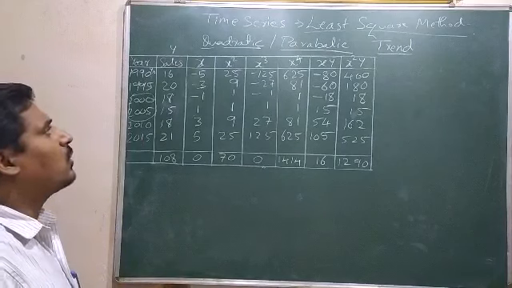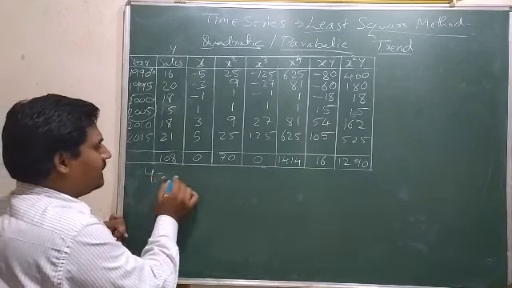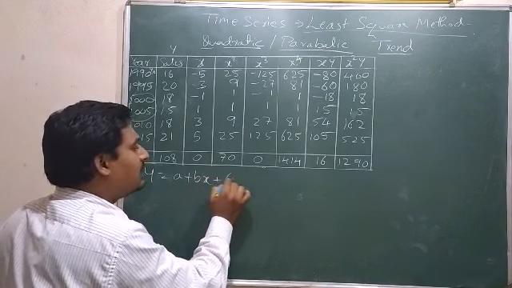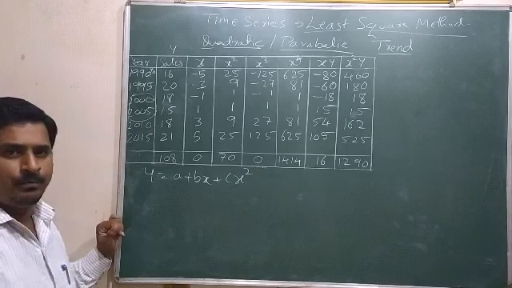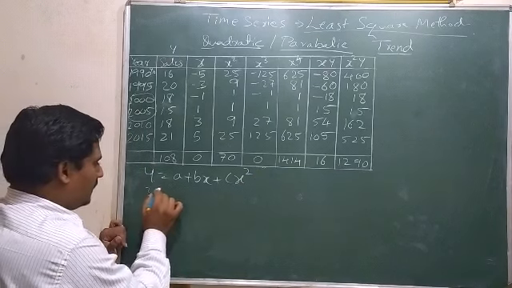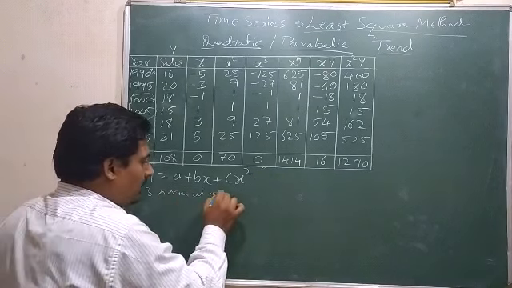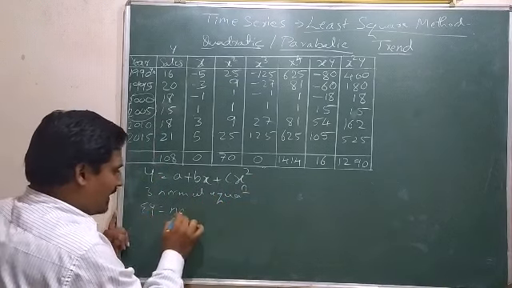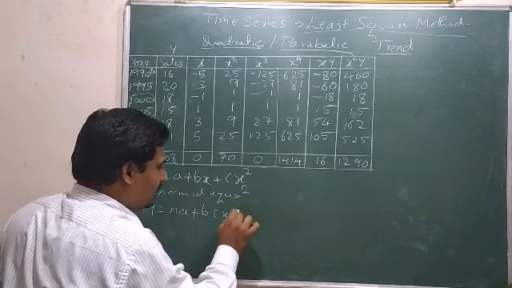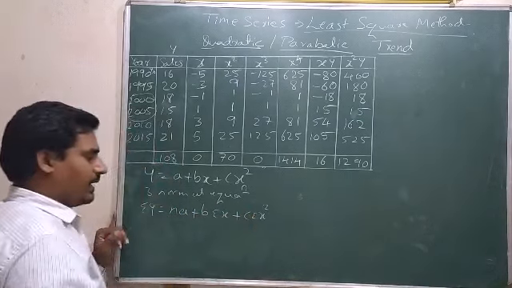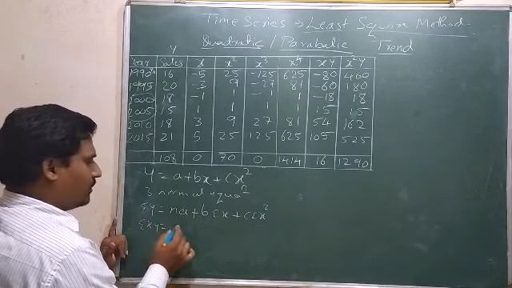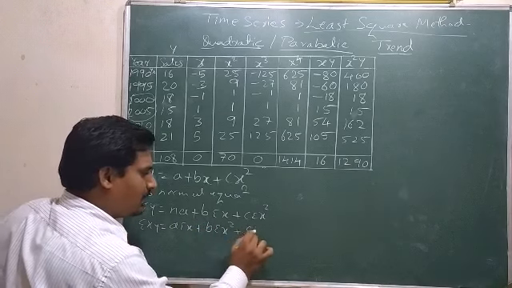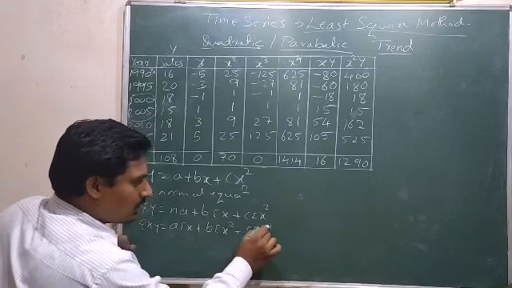The equation for quadratic trend is y is equal to a plus bx plus cx square, and the three normal equations are: first, summation y is equal to na plus b summation x plus c summation x square, and summation xy is equal to a summation x plus b summation x square plus c summation x raised to 3.